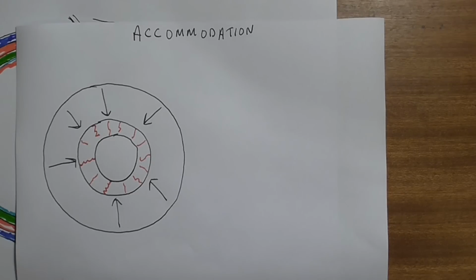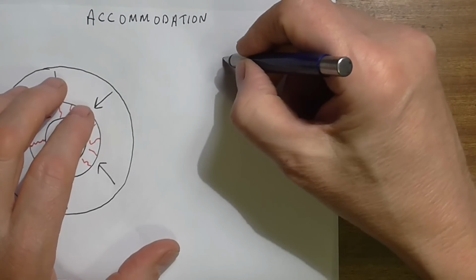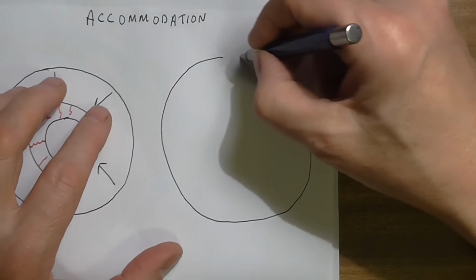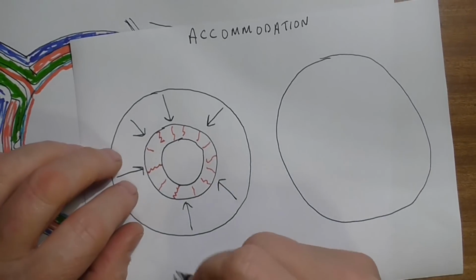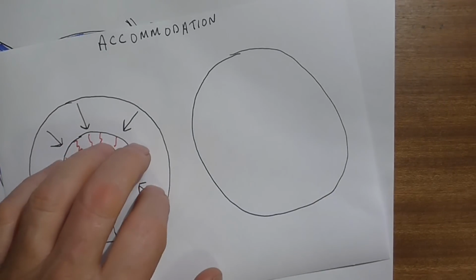But we also need to focus on distant objects. So for distant focusing, the ciliary muscles will relax. So here we have the same size external ring of ciliary muscles. Remember, this one was near focusing, and this one is distance.